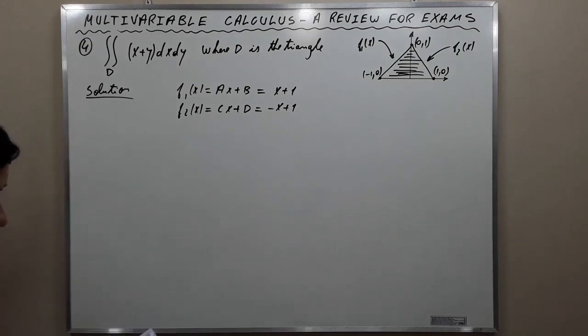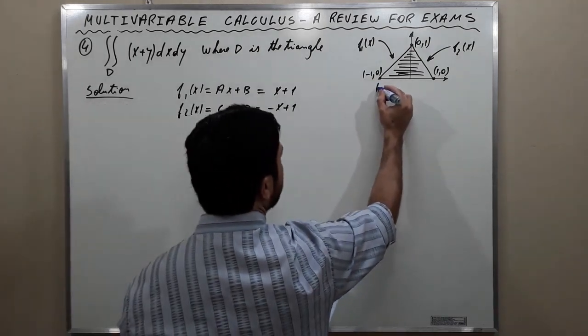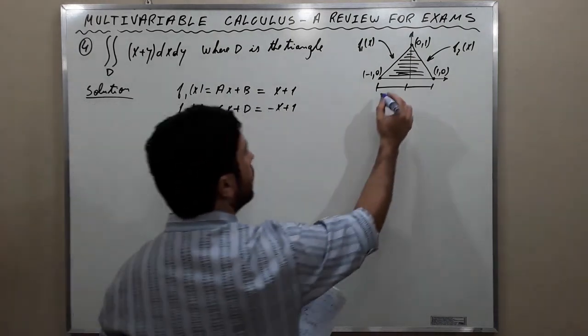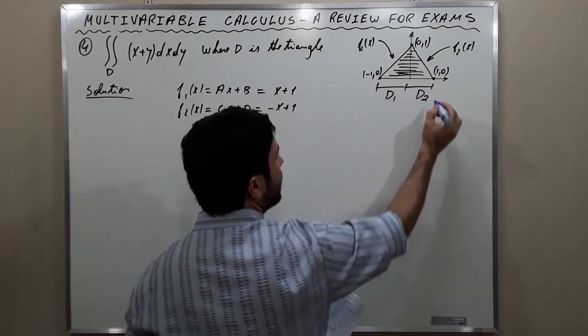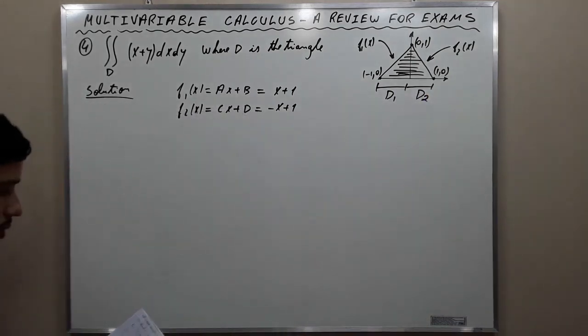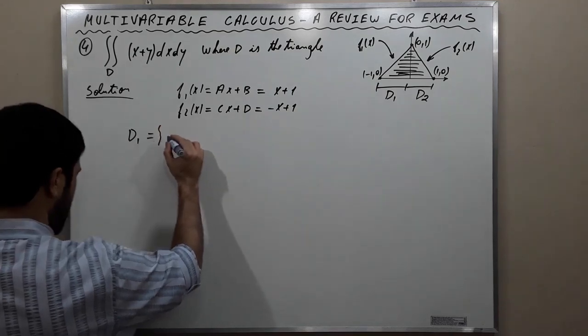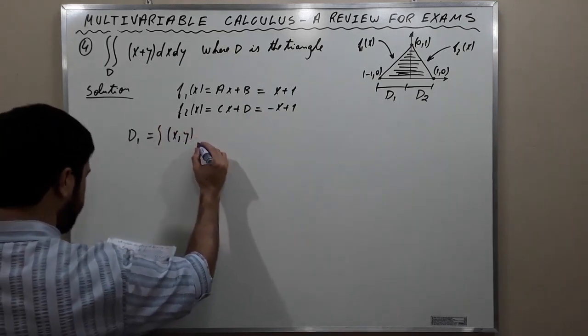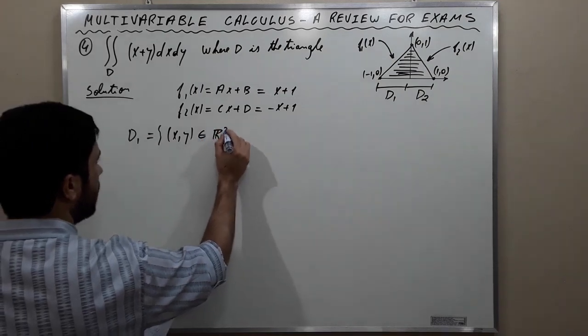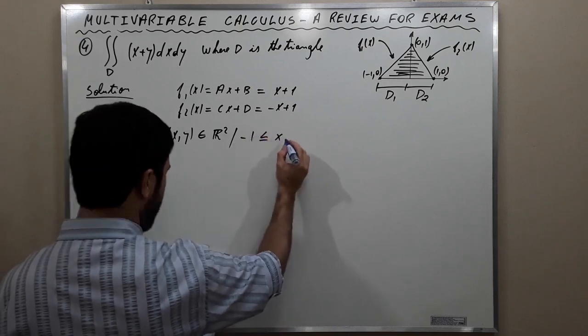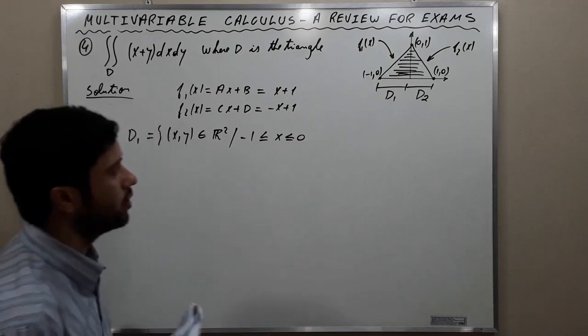Now that we know the regions of integration, we can divide this from here to here and from here to here. We are going to call this D1, and this region here we're going to call D2. And you're going to discover why now. D1 is the region of the xy plane belonging to R2, in which x varies from -1 to 0.